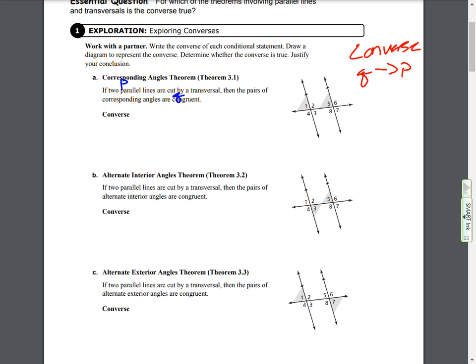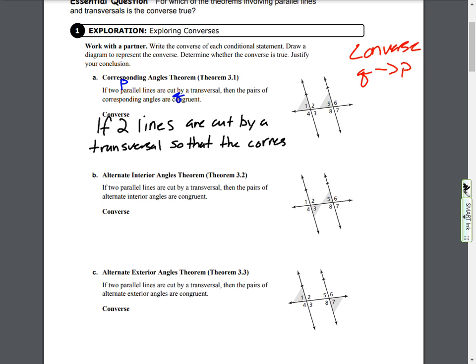We can say, if two lines, and we didn't say parallel, we said if two lines are cut by a transversal, so that the corresponding angles are congruent, then they are parallel.